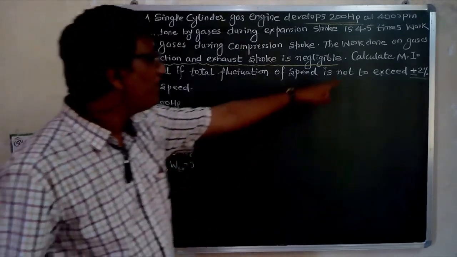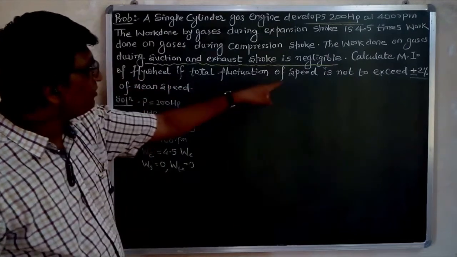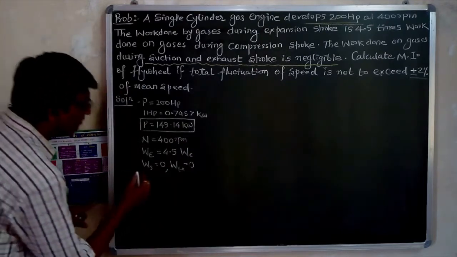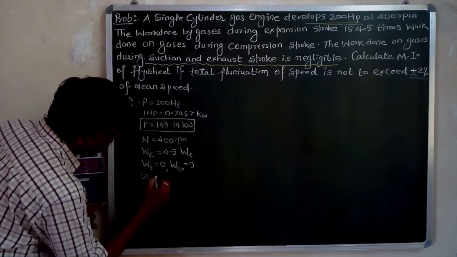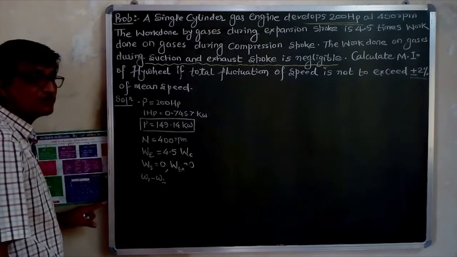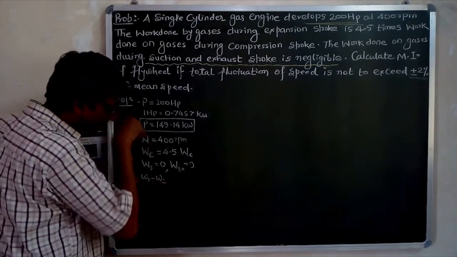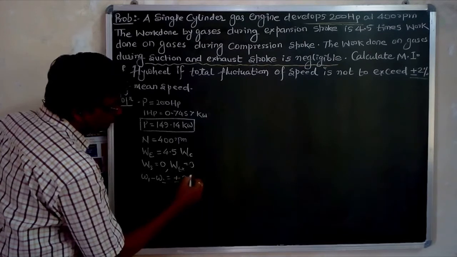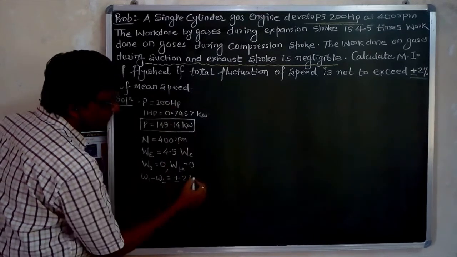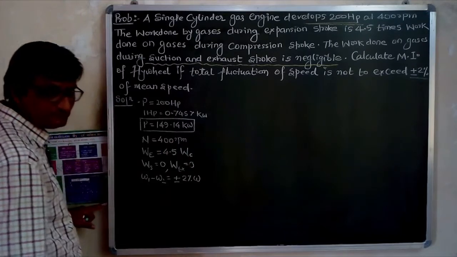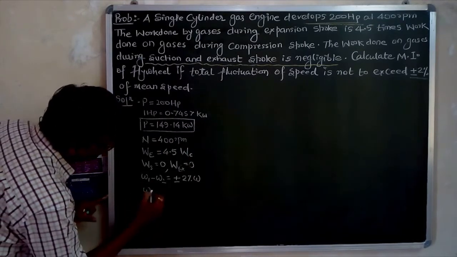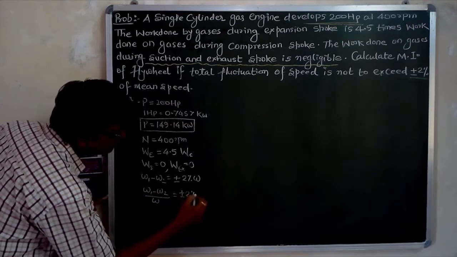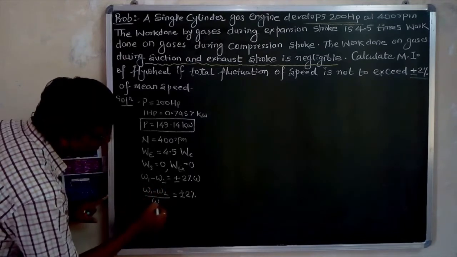Then the moment of inertia is to be calculated if the total fluctuation of speed is not to exceed plus minus 2% of mean speed. What is the fluctuation of speed? Omega 1 minus omega 2, or N1 minus N2, is the fluctuation of speed that should not exceed plus minus 2% of mean speed omega. So (omega 1 minus omega 2) upon omega equals plus minus 2%.